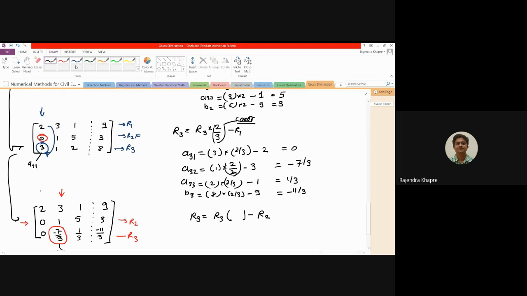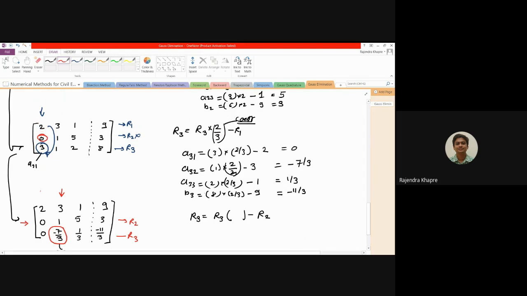Okay, just for the sake of simplicity, if you refer to the previous one, what I have written as this coefficient is 2 divided by 3. What was 2? 2 was nothing but this coefficient. And what was 3? It was this coefficient. Similarly, on the same lines, you can write this.